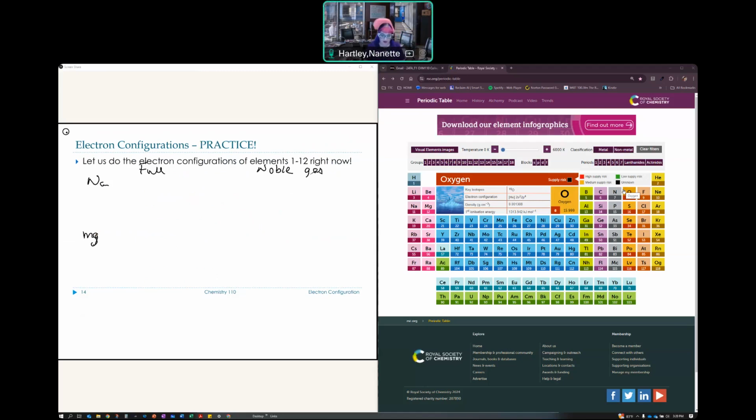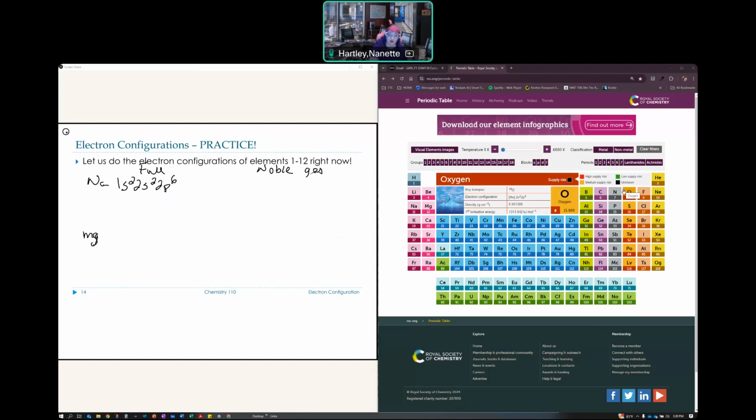So Na, we're in that third row. So I have everything I had for Ne. Remember that my noble gas configuration for Ne was everything I had for He, which was 1s2. And then I got that 2s, because I had to go into the S block first, and that 2s was full. Then I went across to the 2p, and that was full, so 2p6.